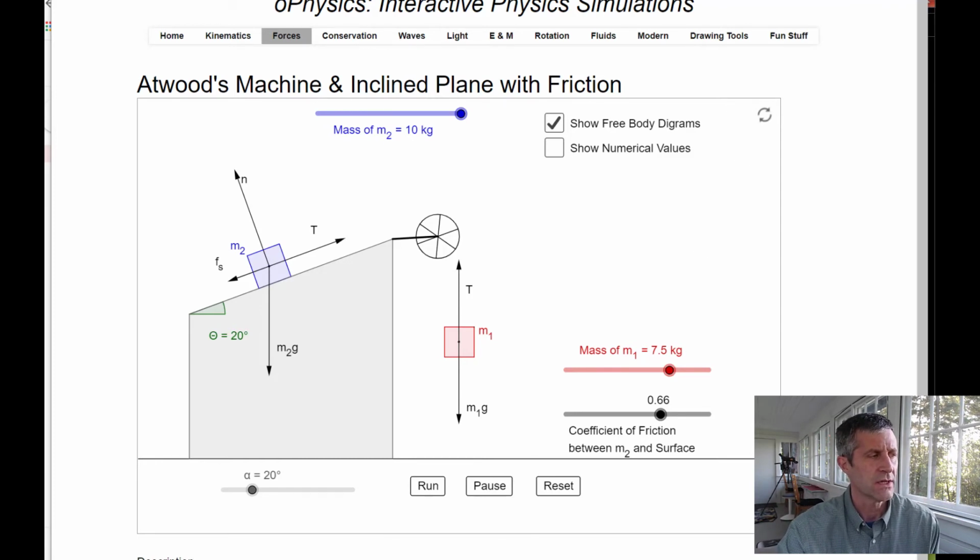Notice on this that for the blue box, I'm going to end up, when I separate components, if I separate the components of gravity into that which is orthogonal or perpendicular to the ramp, and that which is going directly down the ramp, then I'll end up having no net force acting in the perpendicular dimension for the ramp, but I will have a net force acting along the ramp.